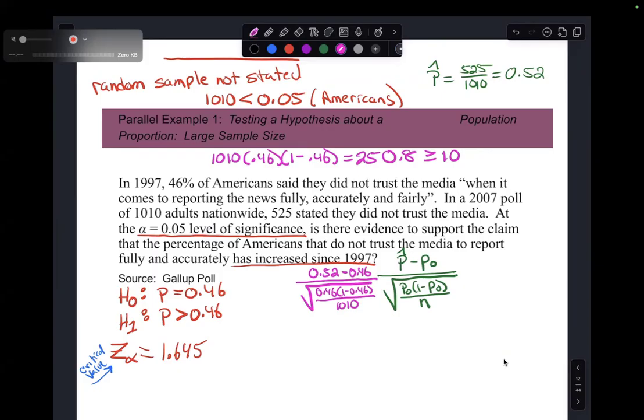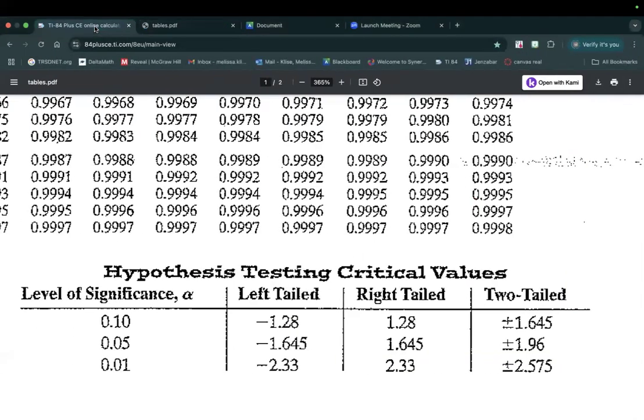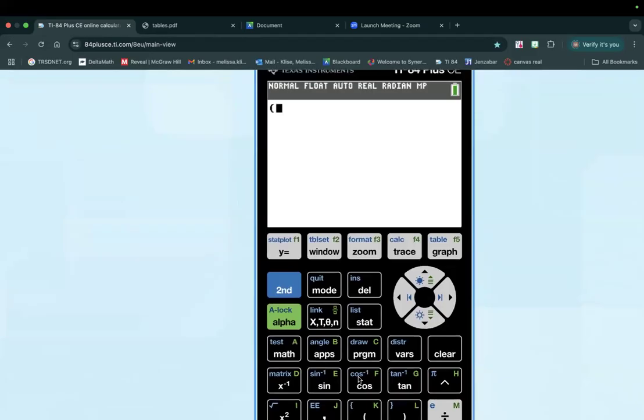I feel like this is a good place to show you how I put things in the calculator. Okay, here's my calculator. Super important: parentheses around your numerator. 0.52 minus 0.46. I can tell you with absolute certainty, if you do not put parentheses around the numerator, bad things happen and your answer will be wrong.